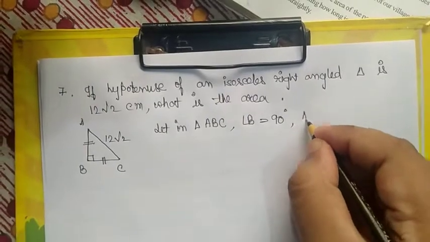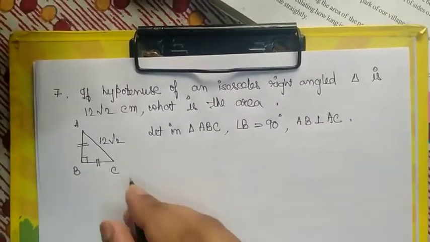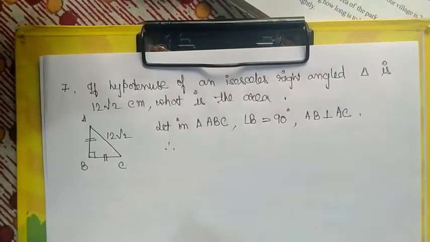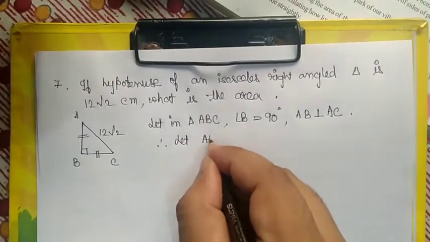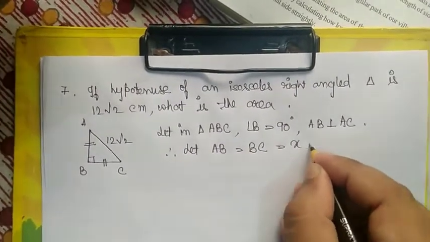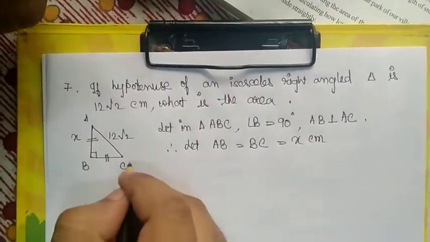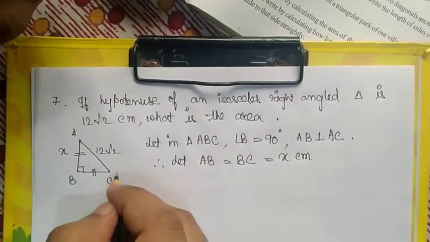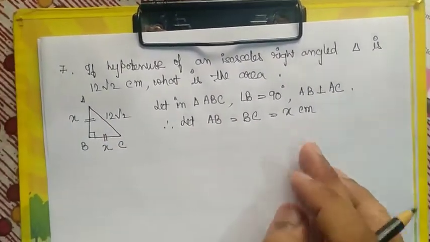So therefore AB perpendicular to BC. Therefore let AB equal to BC equal to x centimeter. We're gonna assume that this side is x, so base and height both are equal in a right angle isosceles triangle always. So this is x also.